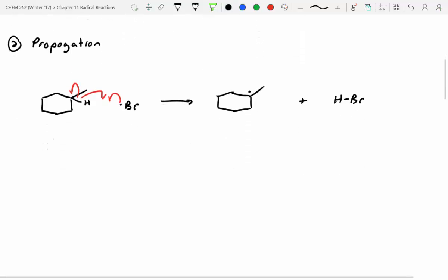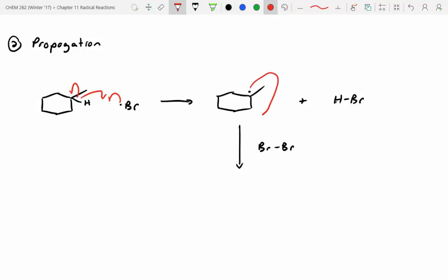Now this radical can react with another equivalent of bromine and pluck off a halogen. Actually, let me clean this up.